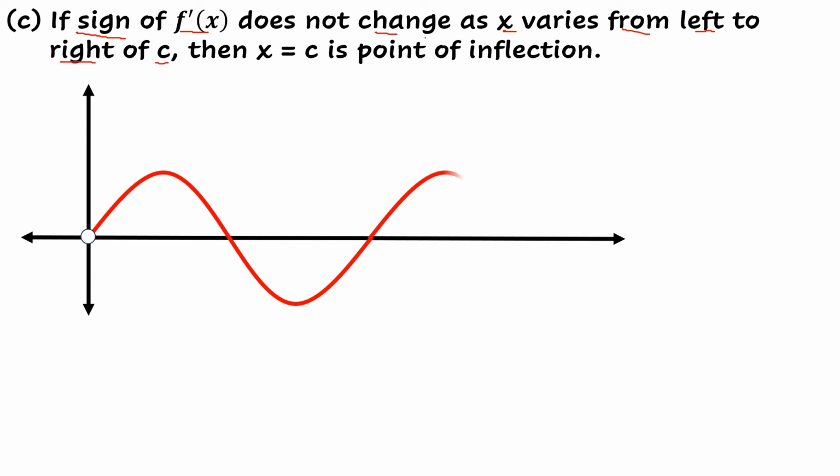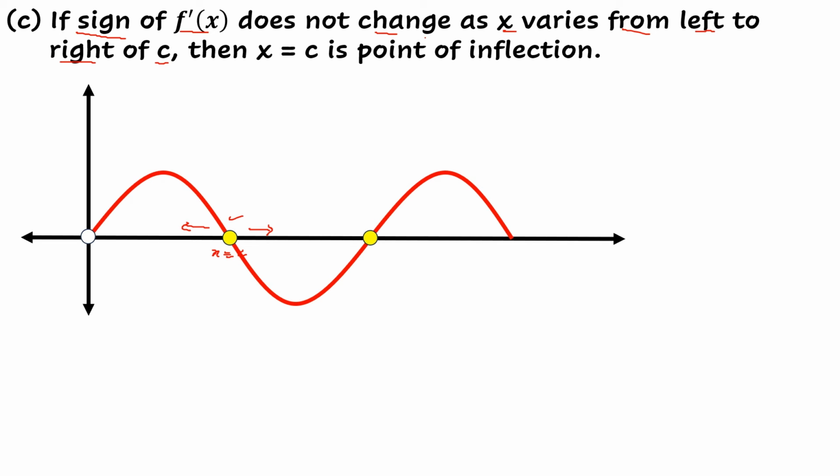We identify 2 points on these graphs and investigate the behavior of graph around these points. Let's first call this yellow ball as x is equal to c. Now we investigate what happens before x is equal to c and what happens after x is equal to c.